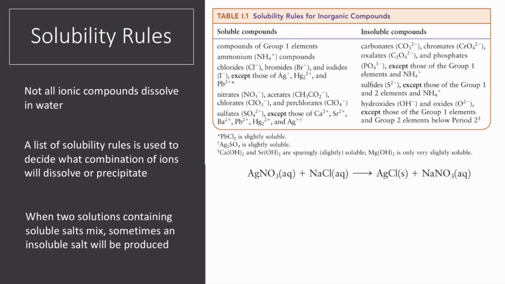So if we mix a solution of silver nitrate with a solution of sodium chloride, the result will be that we form a solid precipitate of silver chloride, and this is in an aqueous solution of sodium nitrate. So if we go over the ions that will be produced upon mixing, it's this.